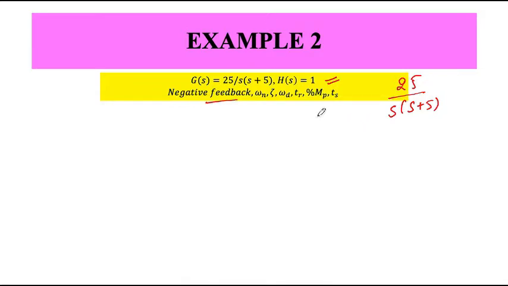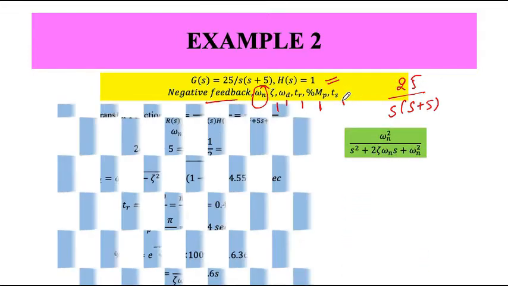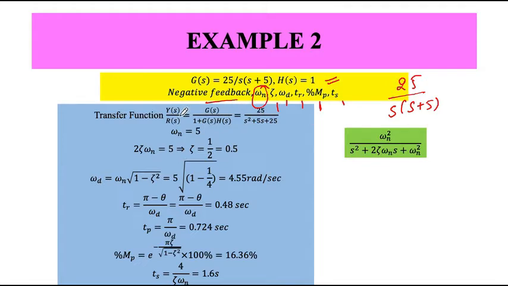I have to find out omega n, zeta, omega d, rise time, percentage overshoot, and settling time. The transfer function Y(s) by R(s) is G(s) by 1 plus G(s)H(s) for a negative feedback system. Putting in the values, I will get 25 by s square plus 5s plus 25.